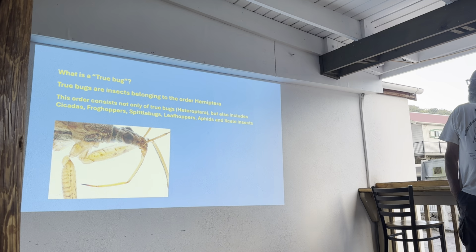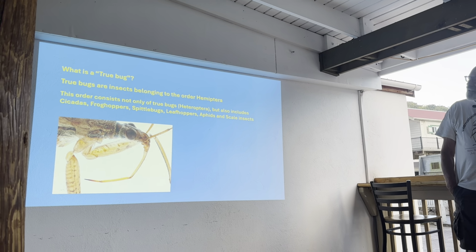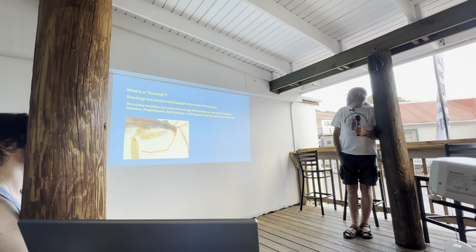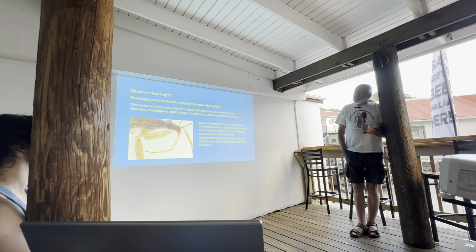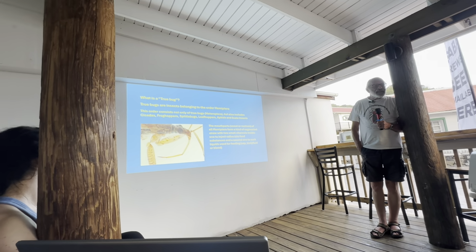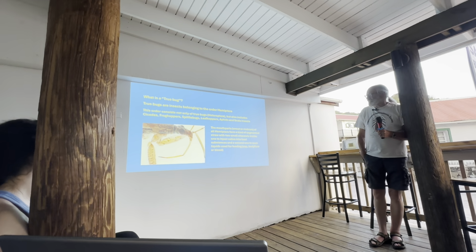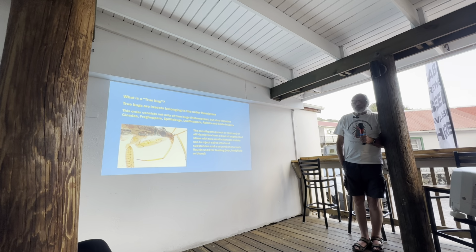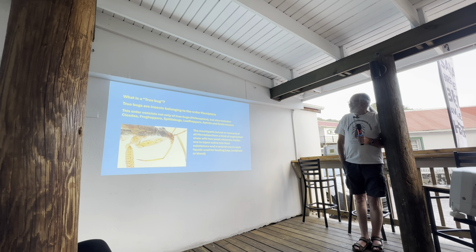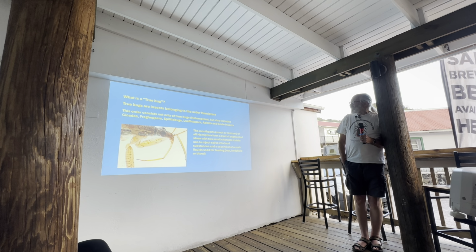So here you see the typical head of a true bug. What is obvious are the mouth parts of these insects. They have a snout, also called rostrum, and all Hemiptera have this segmented.